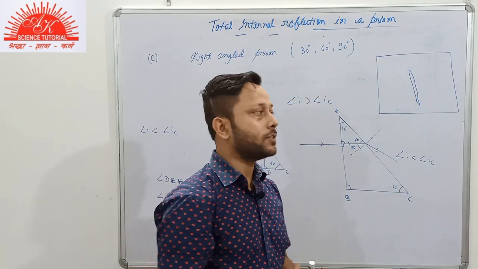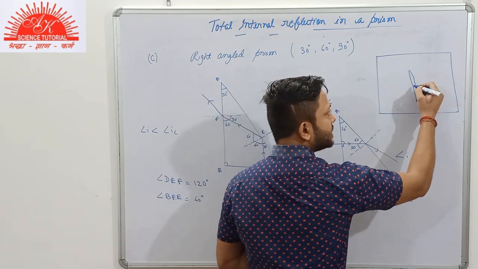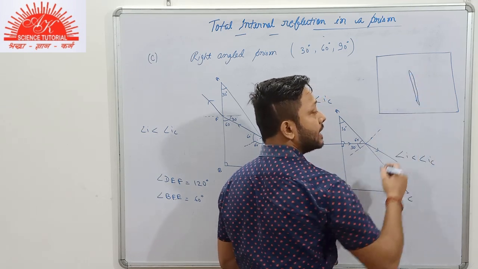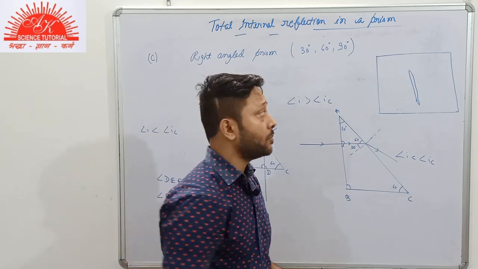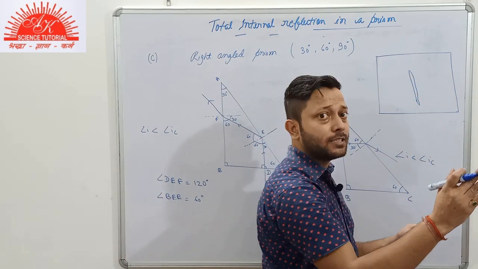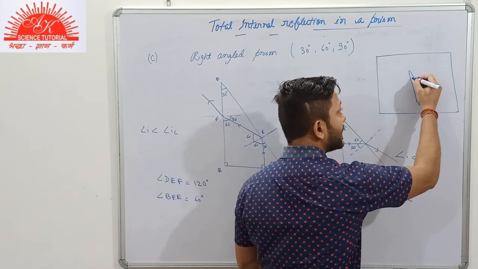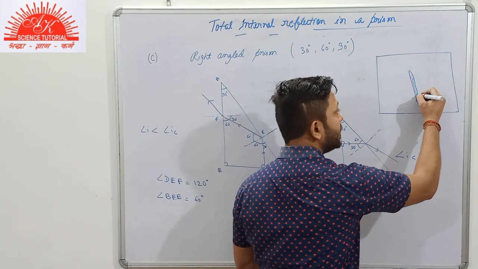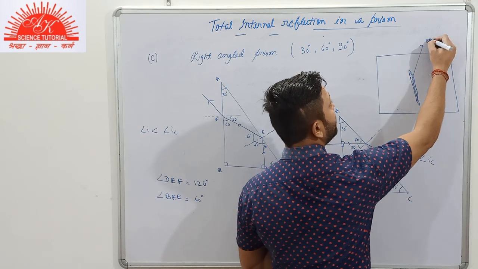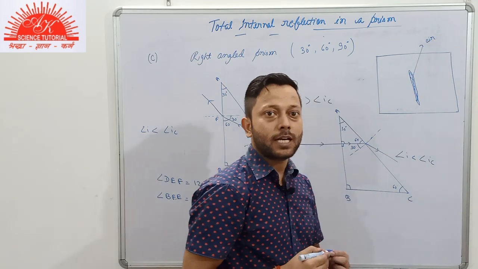Then obviously if this is a crack, the gap in this crack must be filled with air, because in this crack there is no glass, there is no medium. I'll mention it here. This gap inside the crack is filled with air. Now what will be the condition?